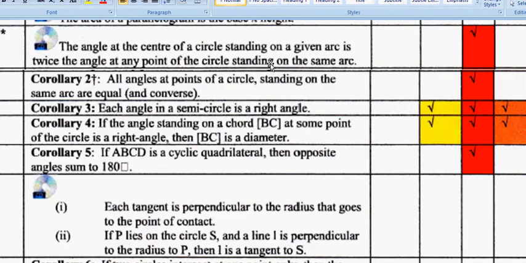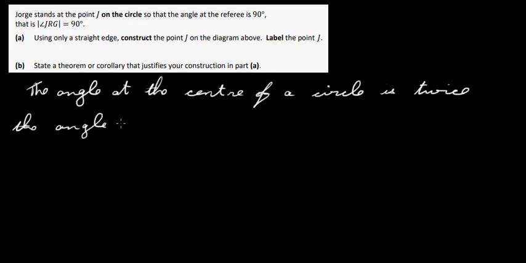Let me read it again: the angle at the center of a circle standing on a given arc is twice the angle at the circle, standing on the same arc.